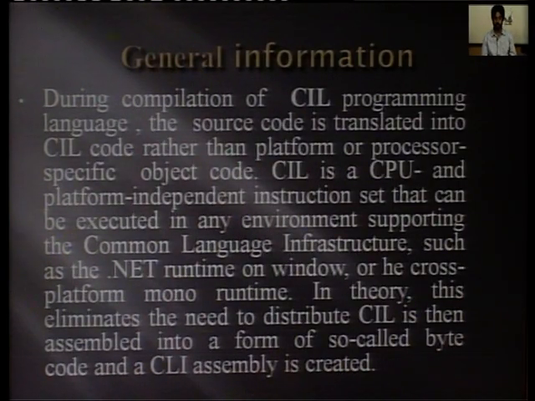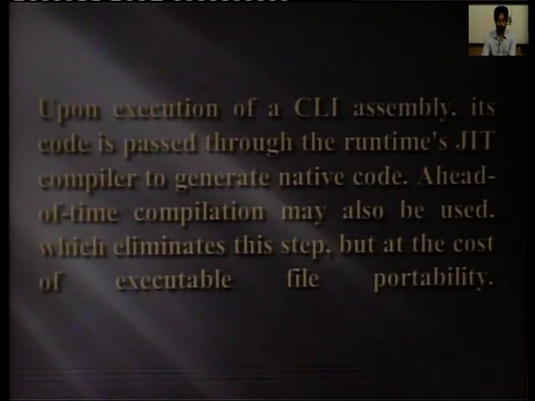So, that is why intermediate generate ਹੋ ਗਿਆ ਤਾਂ ਅਸੀਂ .NET framework ਦੇ ਵਿੱਚ ਅਸੀਂ execution ਕਰ ਸਕਦੇ ਹਾਂ. Upon the execution of a CLI assembly, its code is passed through the runtime's JIT compiler to generate native code.